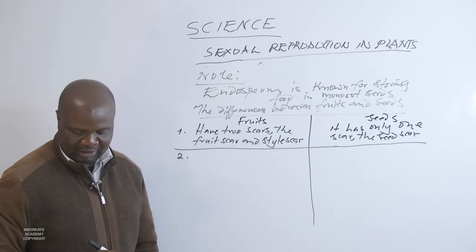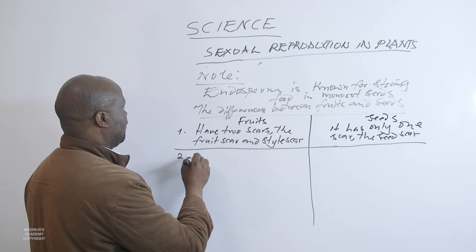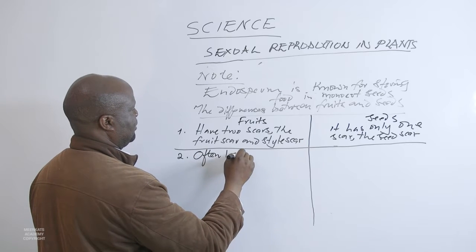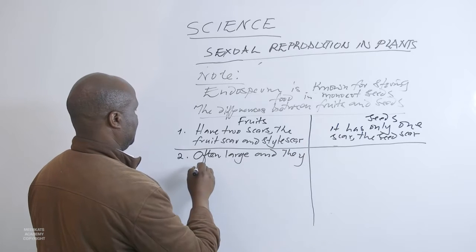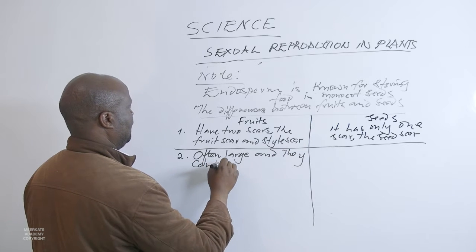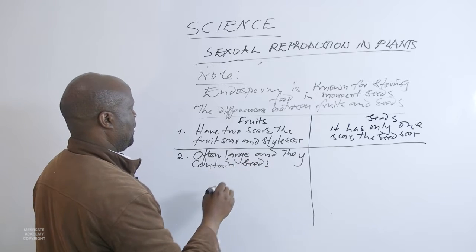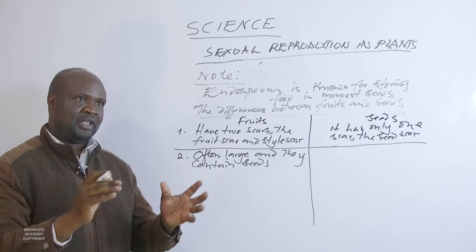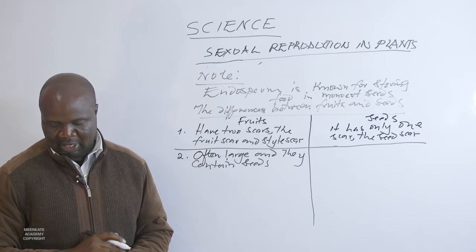Then another observable difference: fruits are often large and they contain seeds. So within a fruit, you are able to locate seeds.